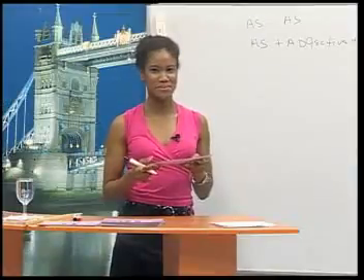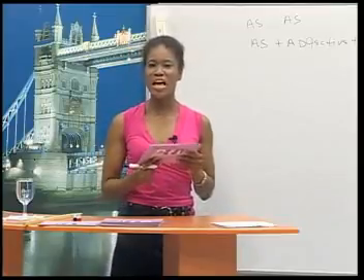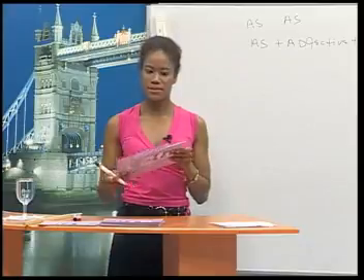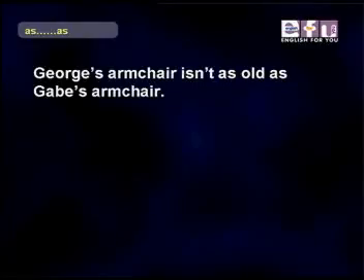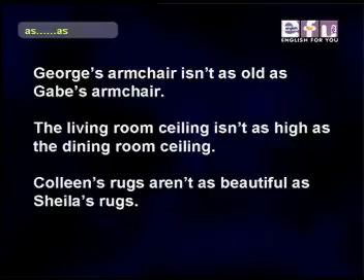Good job, everyone. Now, let's talk about the negative of as with adjectives. Take a look at these sentences. George's armchair isn't as old as Gabe's armchair. The living room ceiling isn't as high as the dining room ceiling. Next example.